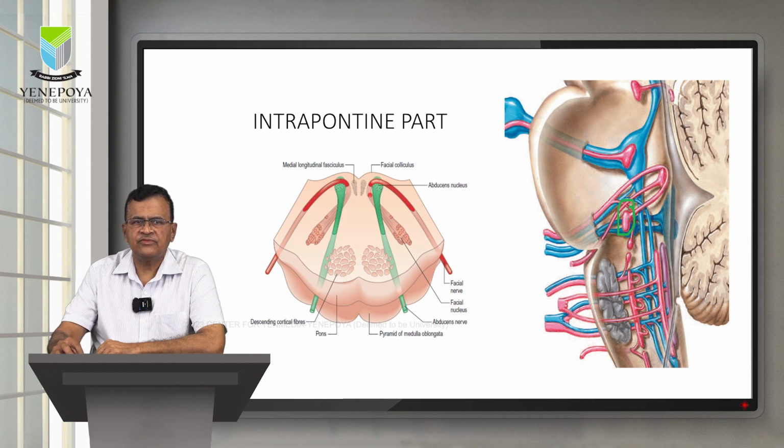The first part of the facial nerve, which runs through the substance of the pons, has extra length because of this unique course, which is explained by the phenomenon of neurobiotaxis.